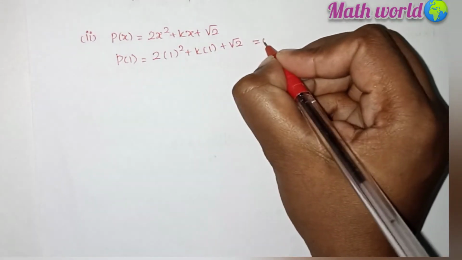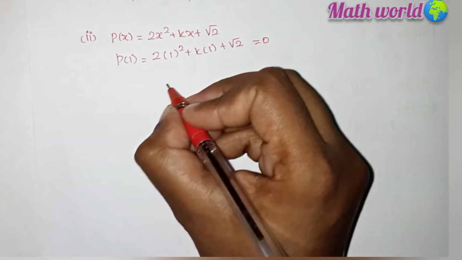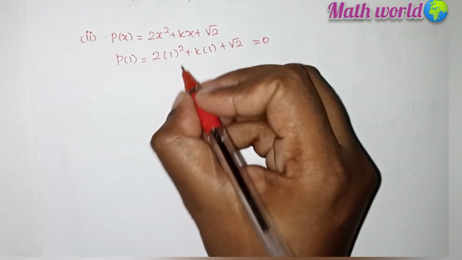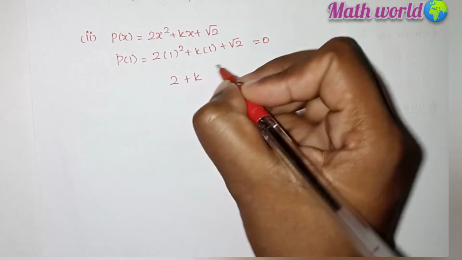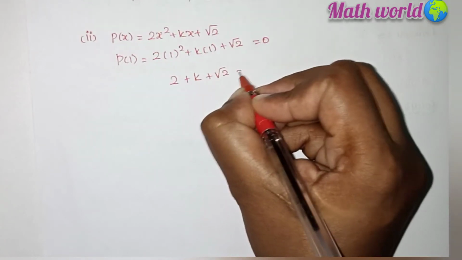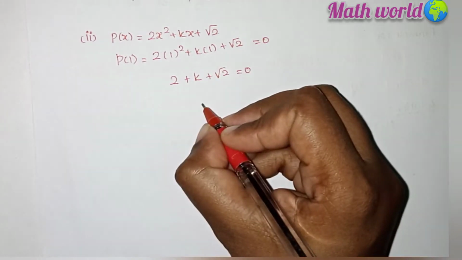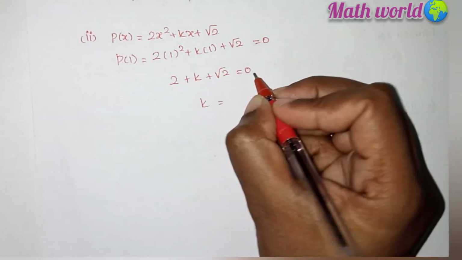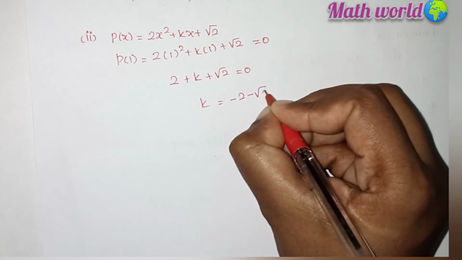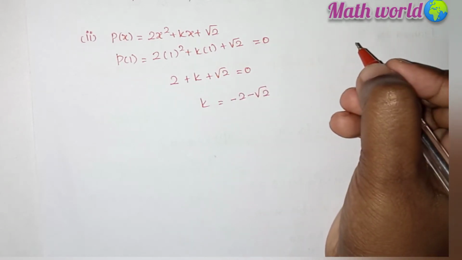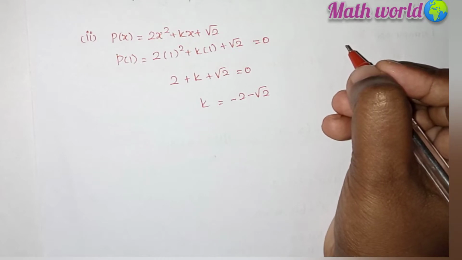So in the next line I can take 2 into 1 square, it becomes 2. K into 1 becomes k, plus root 2 is equal to 0. So k is equal to, I can take both terms to that side, so minus 2 minus root 2. So the value of k is equal to minus 2 minus root 2.